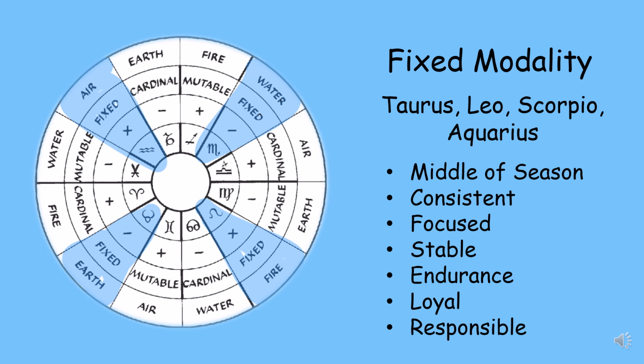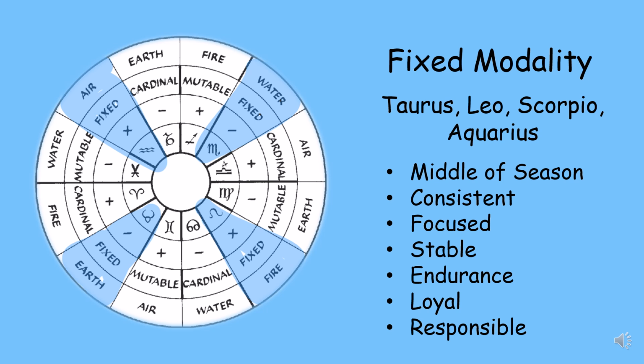The second astrological modality is the fixed modality. The signs exhibiting this modality are Taurus, Leo, Scorpio, and Aquarius. Each of these signs fall at the middle of a season. Their qualities can be that they are consistent, focused, stable. They have endurance.